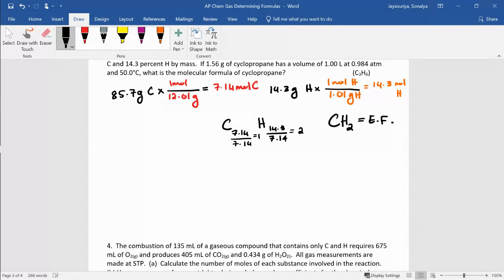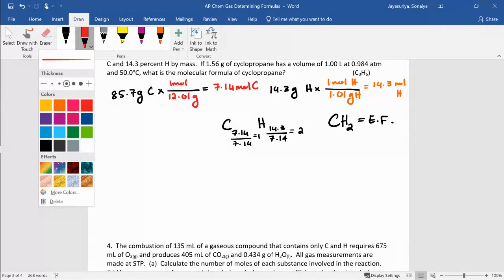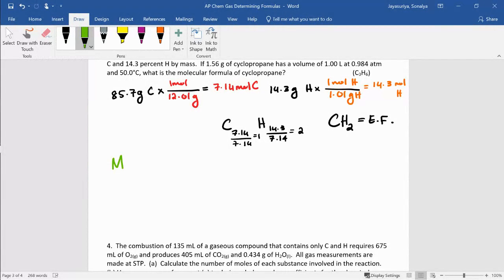Okay, we're looking for the molecular formula of whatever this compound is, cyclopropane. All right, now we can use the equation from the PowerPoint that helps us calculate molar mass given the mass, the gas constant, the temperature, the pressure, and the volume, all of which we have.